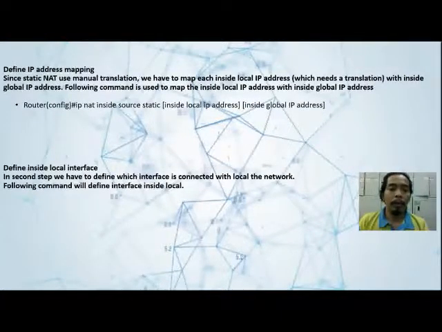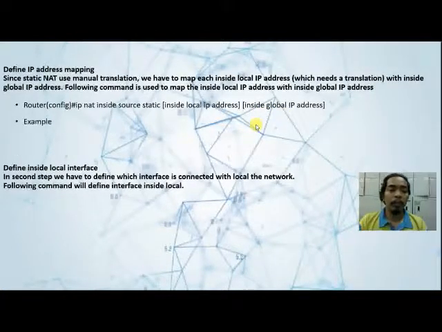We enter global configuration, then type the following command: ip nat inside source static, followed by the inside local IP address and then the inside global IP address.